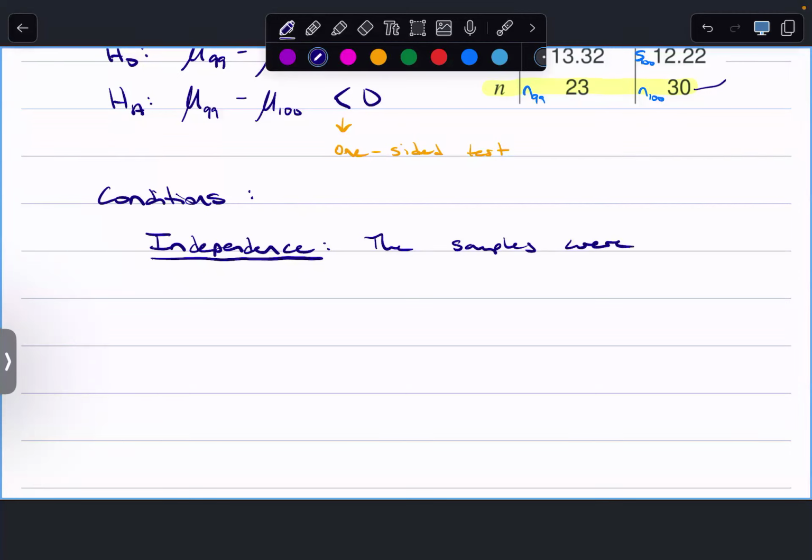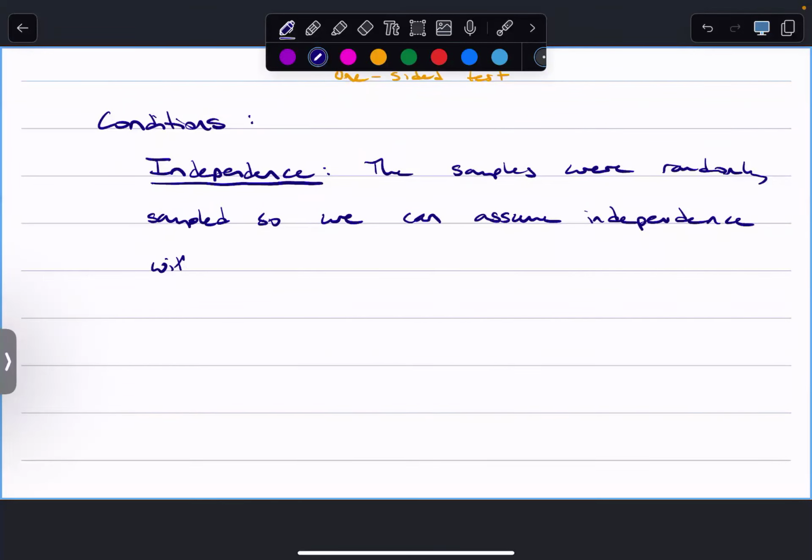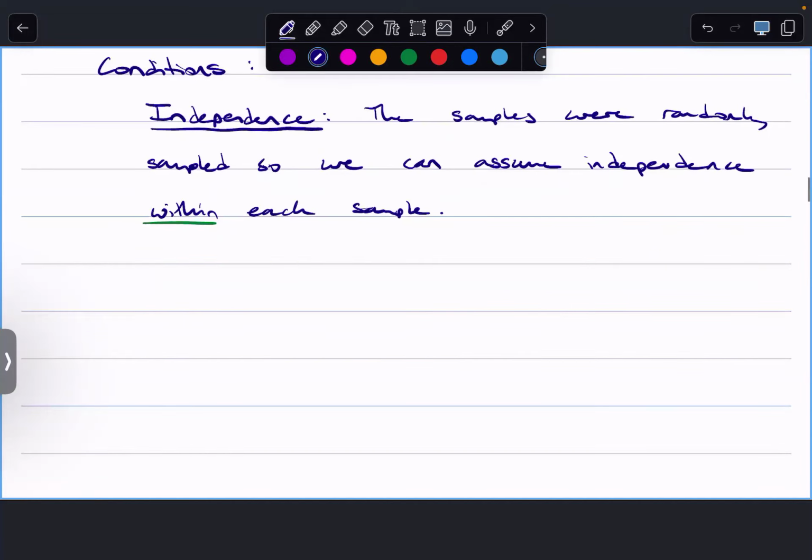The samples were randomly sampled, so we can assume independence within each sample. But we also need independence between, because we're doing a 2 independent samples means t-test, so that's the other condition.